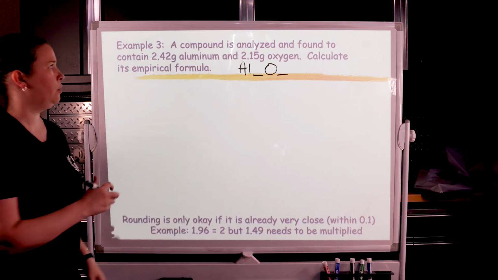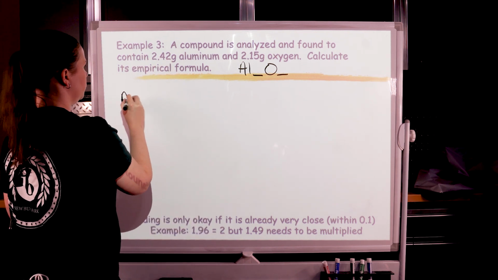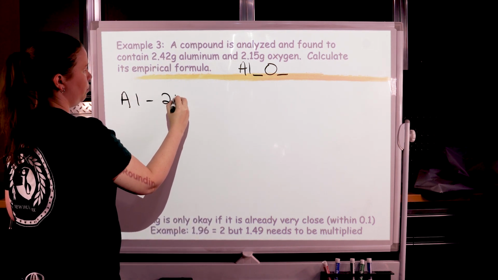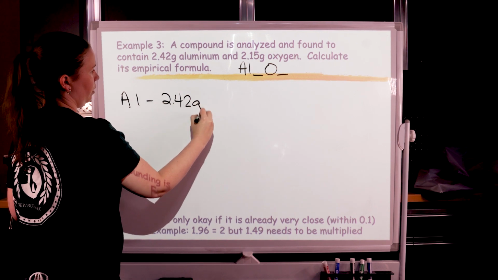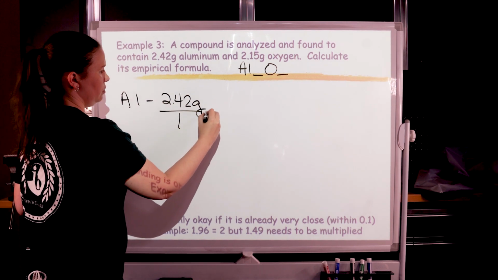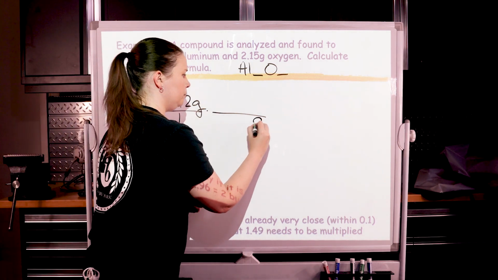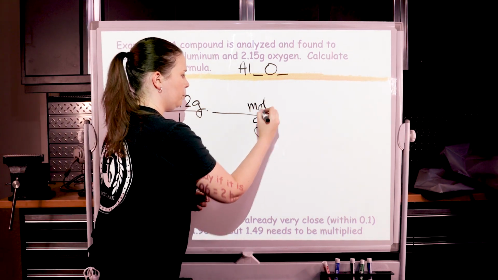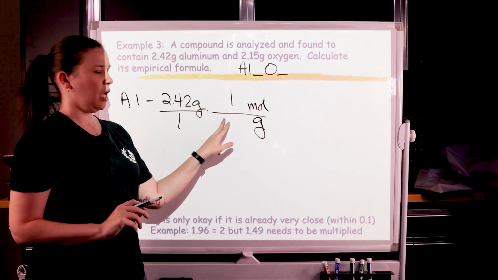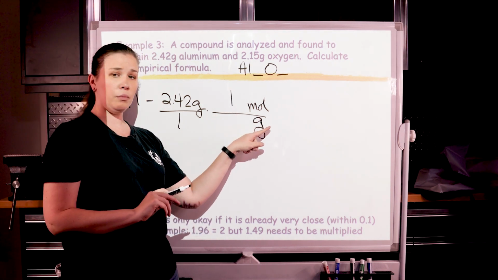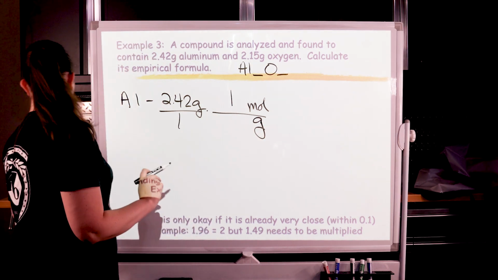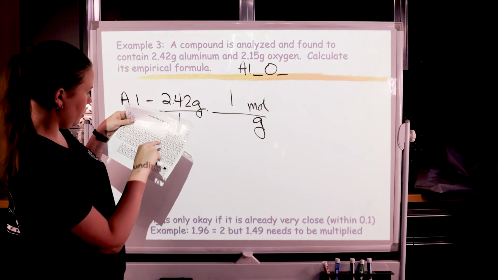Gram to mole. So I'm going to start with my aluminum, and I'm going to have 2.42 grams over 1. And then just like we did before, I'm going to put the gram on the bottom and mole on top. Always 1 mole, and we want to put here with gram, always the molar mass. So for aluminum, let me look that up real quick.